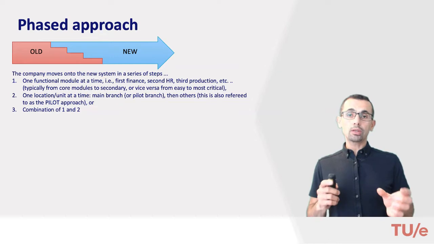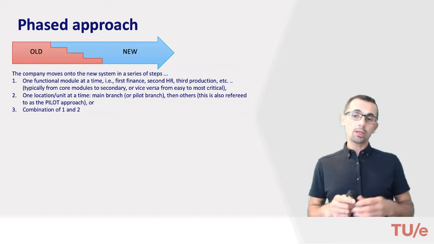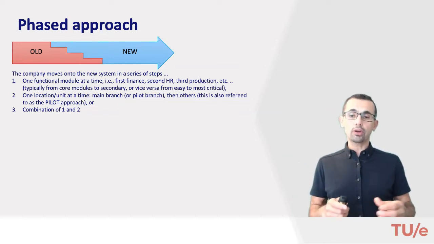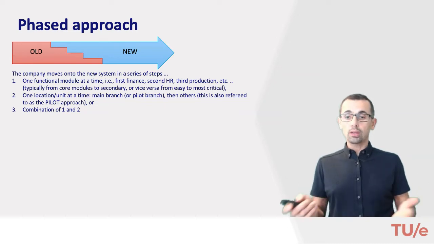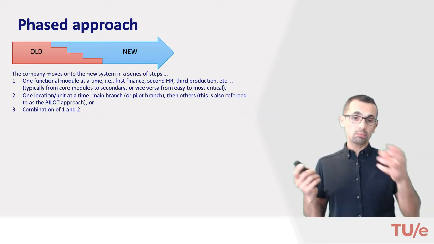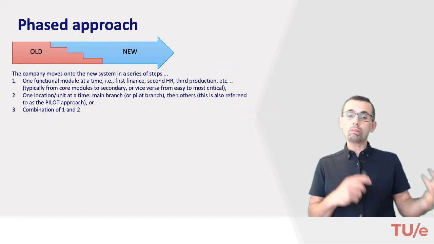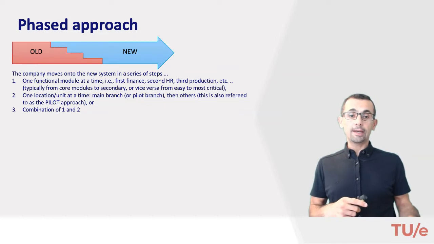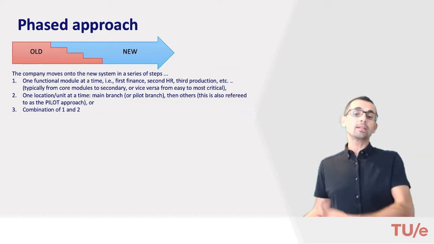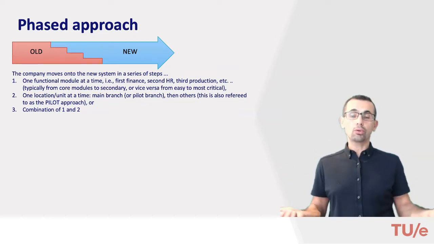You can do this per function or per geographic location, or you can do both, meaning that you can implement some modules in a pilot branch, then gradually move to the other branches, and in the meantime implement other modules in your pilot to be later spread over all the branches, and so on.